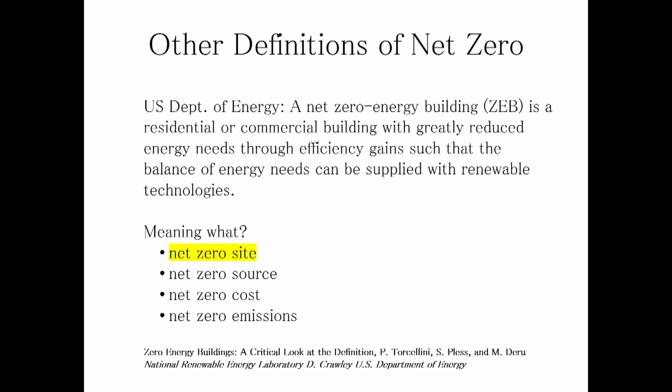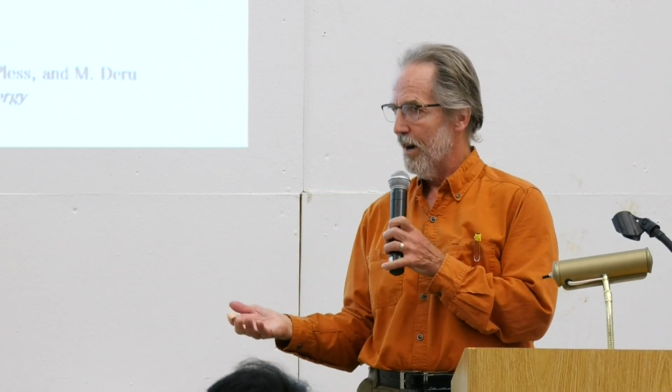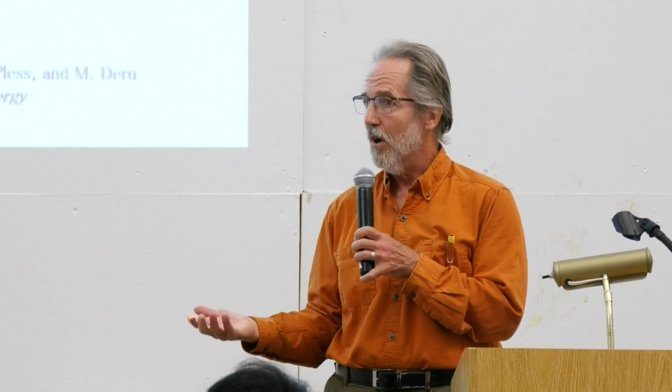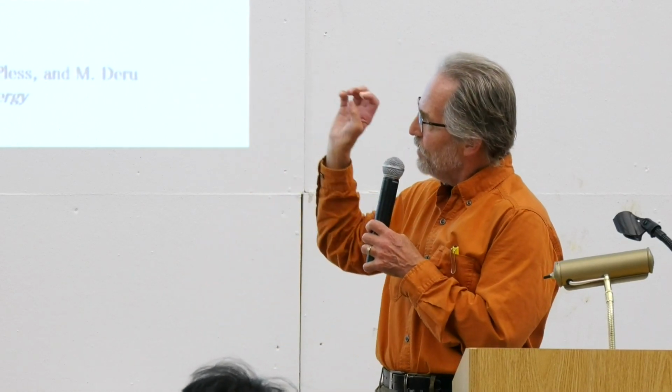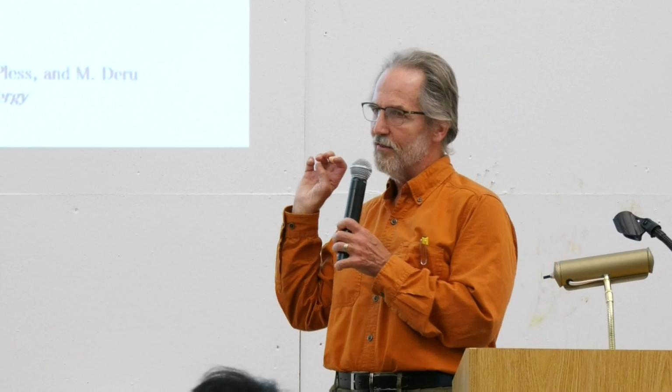California actually has a relatively clean electric grid. We don't burn coal in California to generate electricity. In some areas of the U.S. and in other areas around the world, they do generate a lot of electricity from coal. So net zero source is basically asking, how much energy is being used at the generating plant, and what's the total efficiency coming to my building?